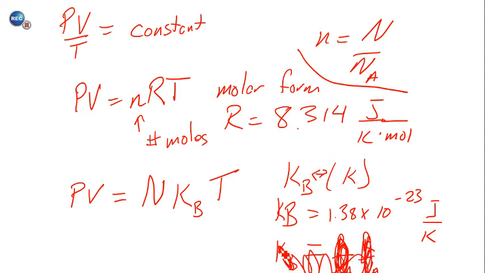Why is it going off the screen? All right, so k sub B is R over N sub A. Boltzmann's constant is the gas constant divided by Avogadro's number.